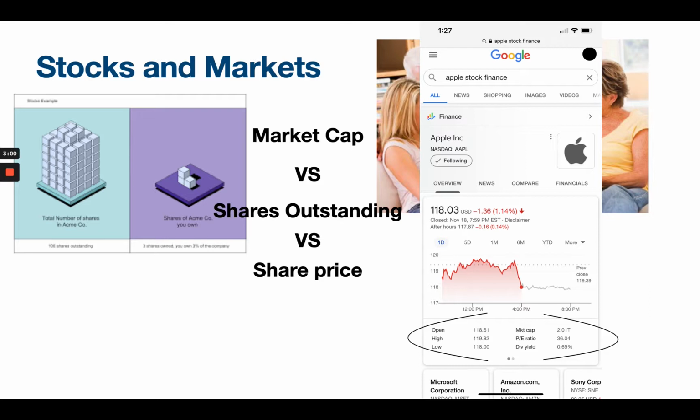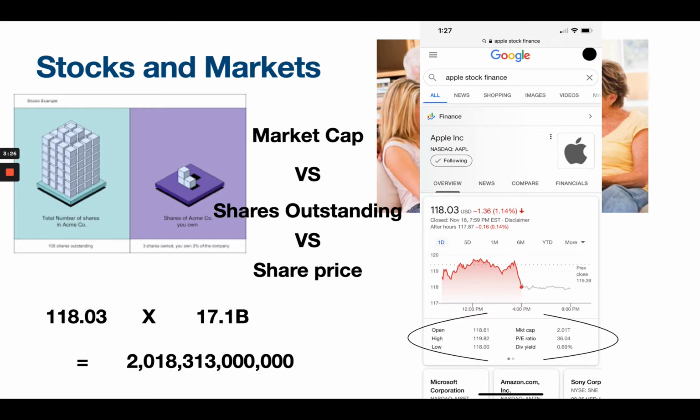Now, this is a quick equation that you should understand the nature of. If you're going to be dealing with stocks, you need to be able to take the share price by the shares outstanding. The shares outstanding of Apple were 17.1 billion. If you multiply these together, that is how you get the market cap.